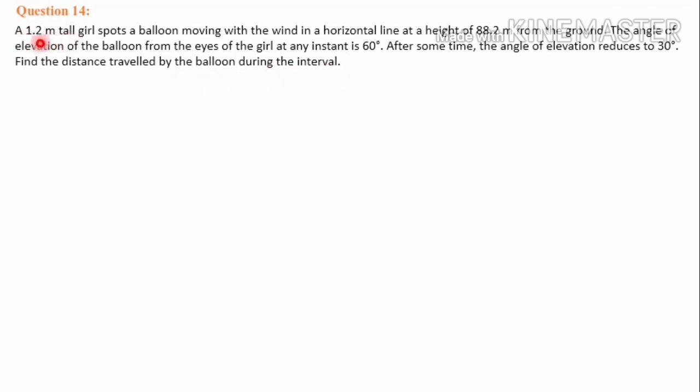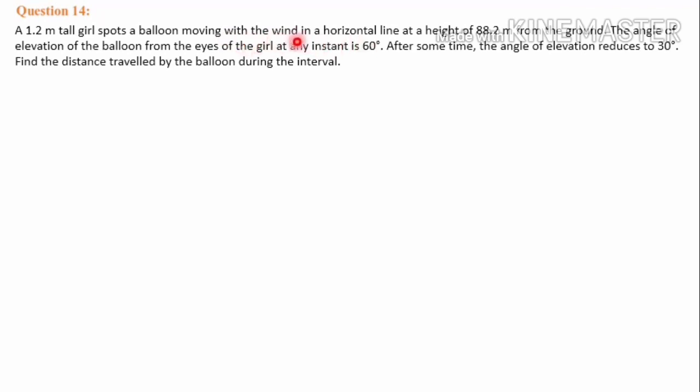Here, the height of the girl, 1.2 meter, is given to us. Since the height of the observer is given, the way of calculation is different. So you have to note these questions separately and practice them. The height of the girl is 1.2 meter and she is observing a moving balloon. The balloon is moving with the wind in a horizontal line.